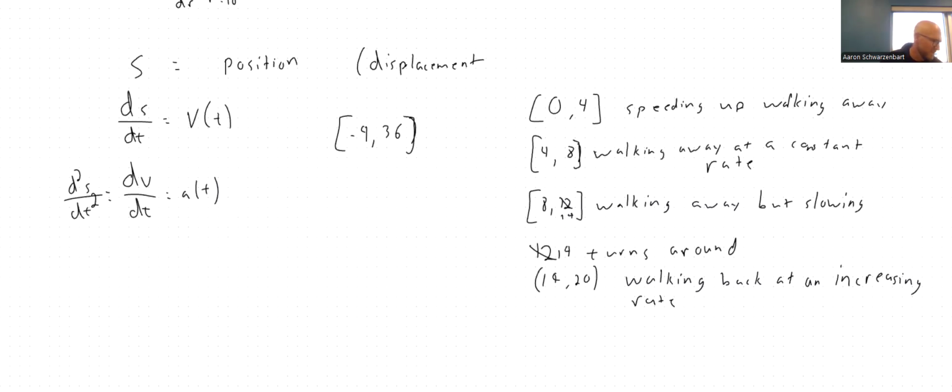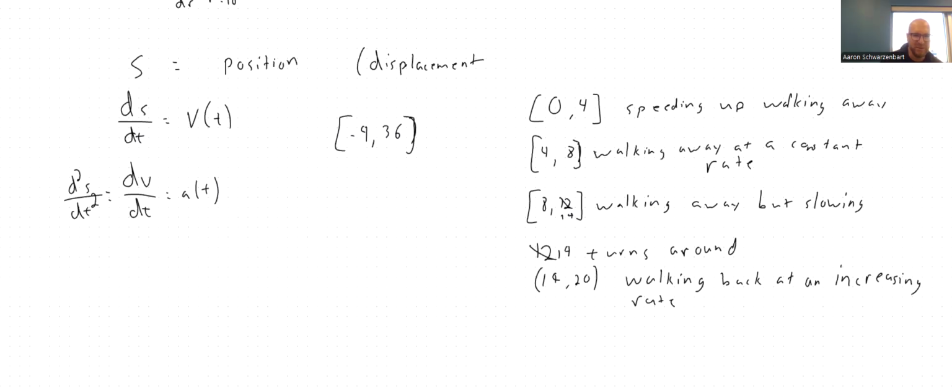Okay. And then from 20 to like 26, they're slowing down. Looks like they're stationary from 26 to 32 or something like that. And then they walk away at an increasing rate from 32 to 36. Does that make sense? They're only stationary when the velocity is zero.